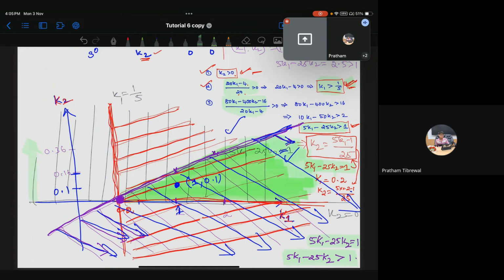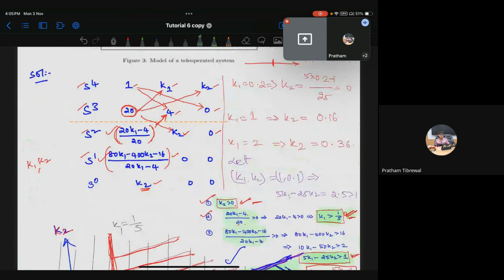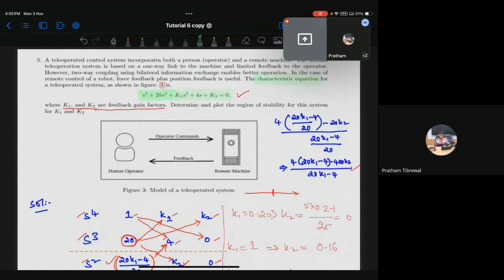So please draw these three conditions, and you will understand what the common region is. It means that if you choose any values of k1 and k2 in this region, it will make all the roots of this characteristic equation stable roots.